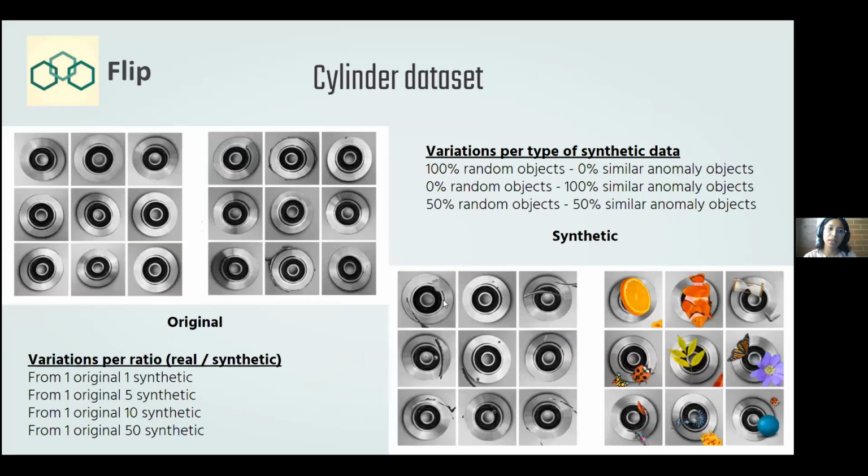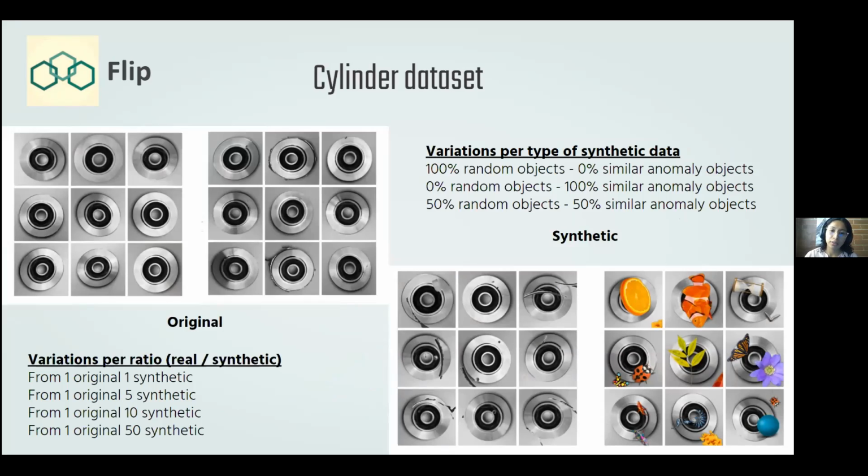The second dataset was cylinder. This represents a real production line, and again you can see examples of the original image with and without anomalies and the synthetic data.